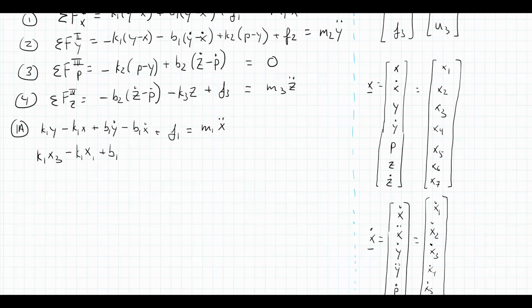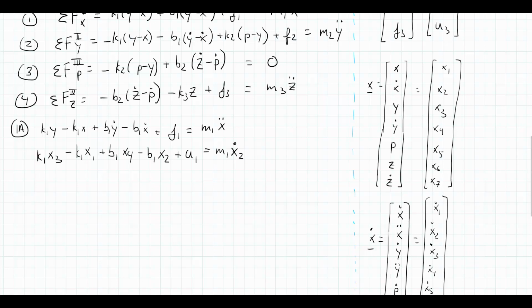So that will be x4 minus b1 x dot. Same thing applies, x dot is x2 or x1 dot, so I will express it as x2, plus f1, which is also known as u1, equals m1, and now x double dot only appears as x2 dot, so I have no choice but to label it x2 dot.